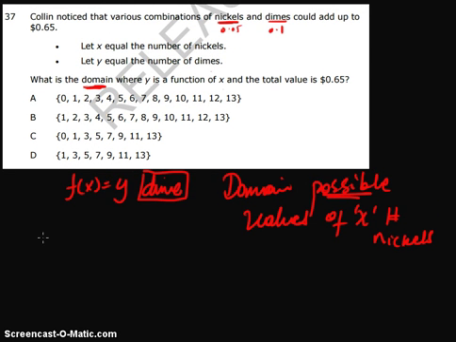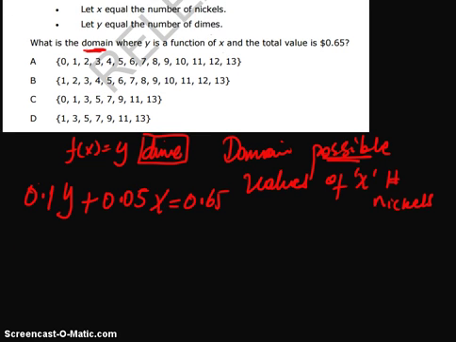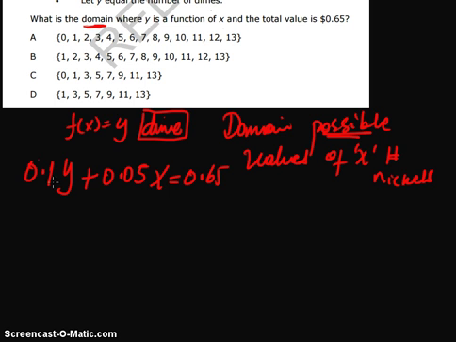So let's write the equation. Y is the number of dimes, so 0.1 times y plus 0.05 times x equals 0.65. To make it simpler, let's multiply everything by 100, and we get 10y plus 5x equals 65.